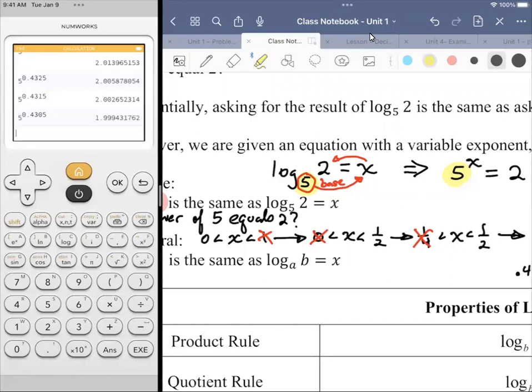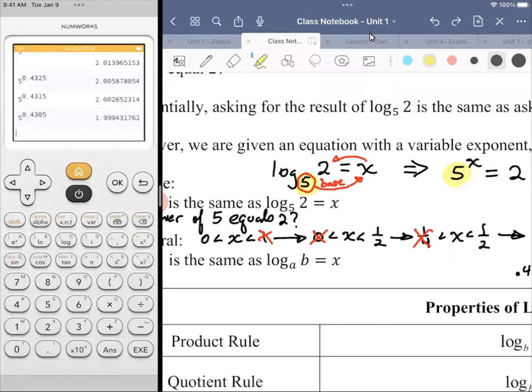What this is saying, when I say log base 5 of 2, and don't get thrown off by the word log, because it's a term that somebody came up with a long time ago that represents this process. Could have called it anything. You could have called it the Timothy base 5 of 2. It really doesn't matter. It's just a name, but it's telling you it's a recipe. It's asking, what power does 5 have to be raised to in order to equal 2?